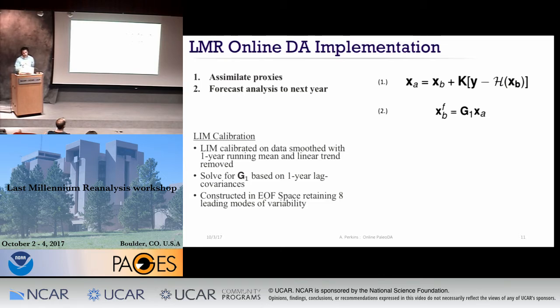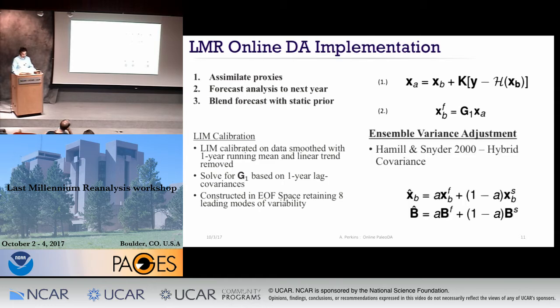We smooth the data with a 1 year running mean and removed any warming trends because we don't want those trends to be ingrained into the linear inverse model. We solve for G1 based on lag covariance statistics, and we're using a reduced state space, reducing to 8 leading modes of variability in EOF space, just to simplify some of the calculation.